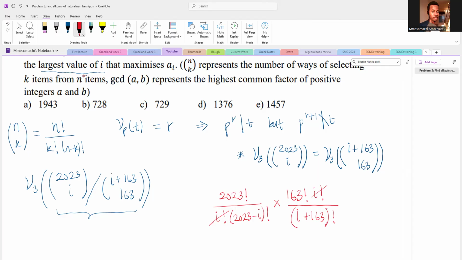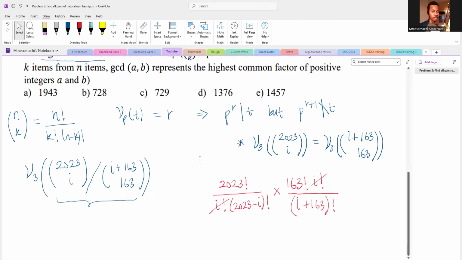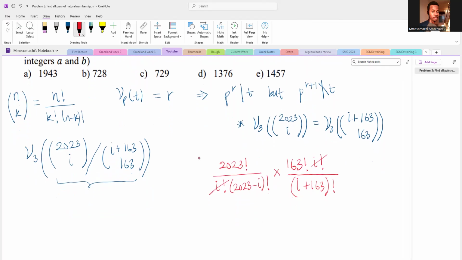Slowing down a bit, we can look at the numerator: from 2024 minus i, when we cancel this out with what we have in the numerator, we have 2024 minus i times 2025 minus i, and we just keep on adding one until we get to 2023.